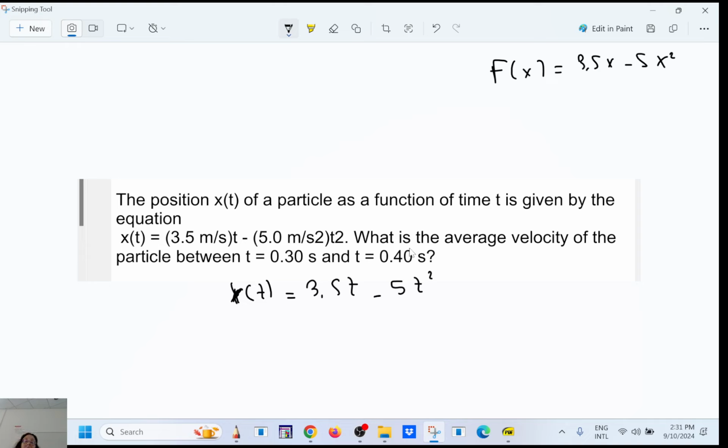So this is not even a physics equation to begin with. Oh, what do they want? The average velocity. No, it's a physics question, sorry.